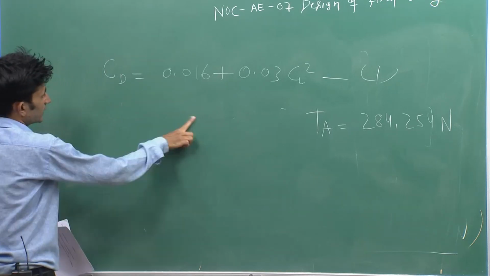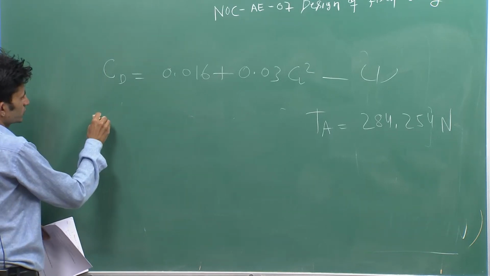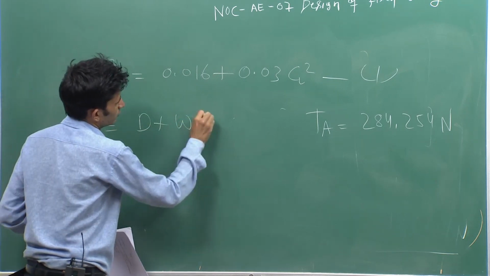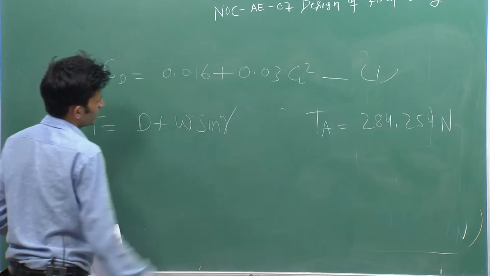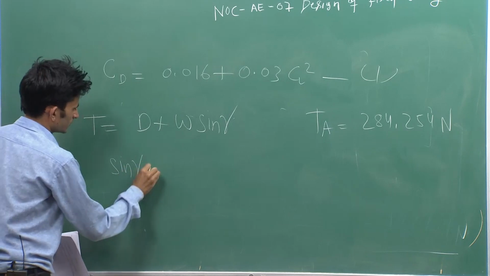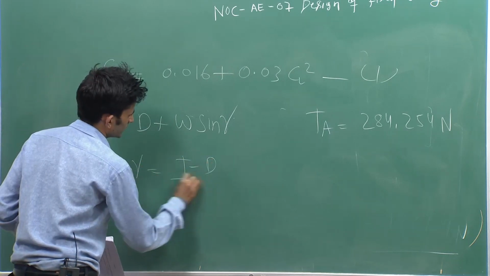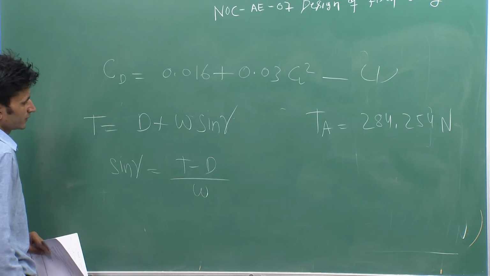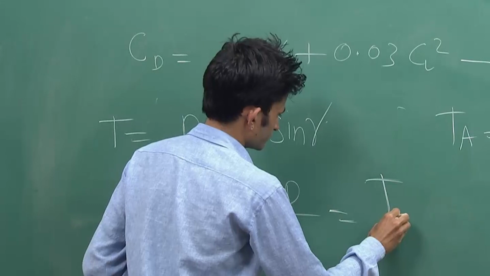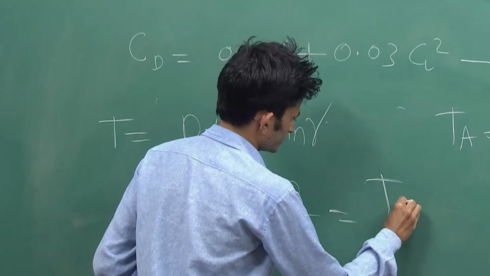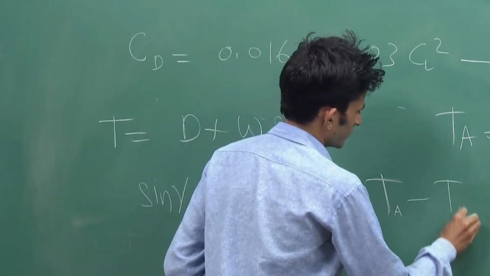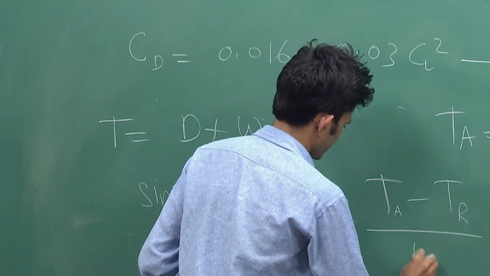In climb, if you balance the forces, thrust will be D plus W sin gamma. So sin gamma will be T minus D divided by W. This is nothing but thrust available minus thrust required, divided by W.